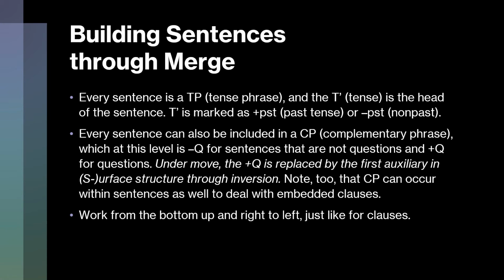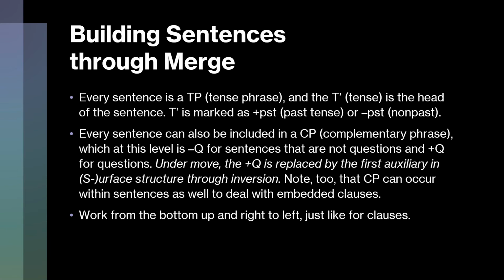Every sentence can also be included in a CP shell structure, which will become more important when we talk about move in the next lecture, but it's important to notice that we have complementary phrase structures and that a regular tense phrase can fall within that complementary phrase structure, which you can also think about as a clausal phrase structure, which at this level would be minus Q for sentences that are not questions and plus Q for questions.